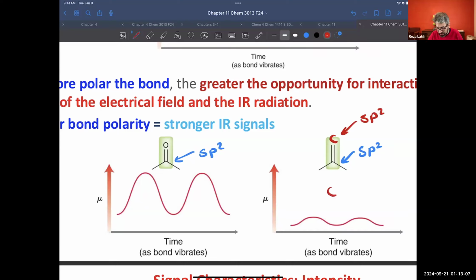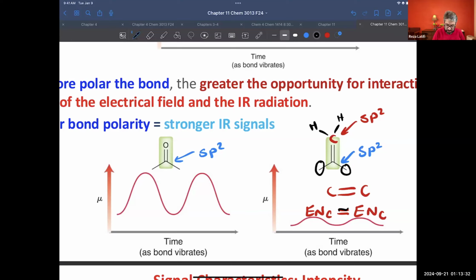So I have two carbons with sp2 hybridization. Of course, the electronegativity of those two carbons is going to be really close to each other, almost identical. Why say almost identical? Because that one has two hydrogens, and here we have a methyl group. So those two carbons are not 100% identical, but the electronegativity is almost the same.